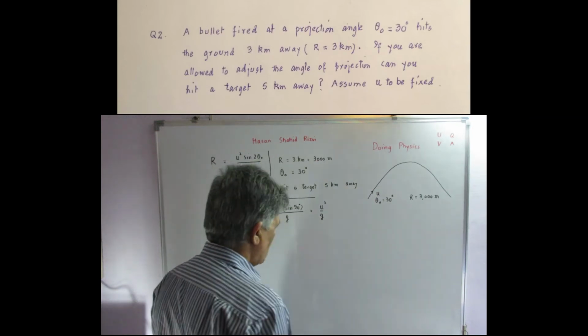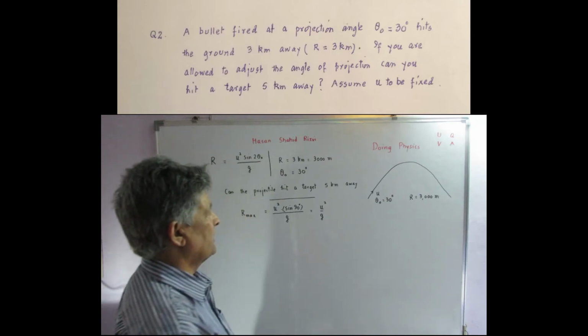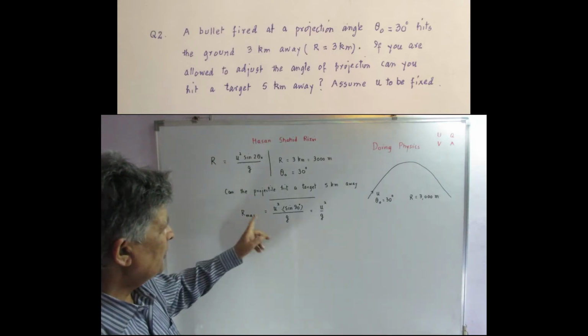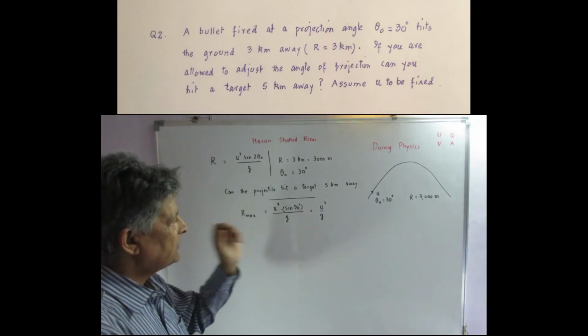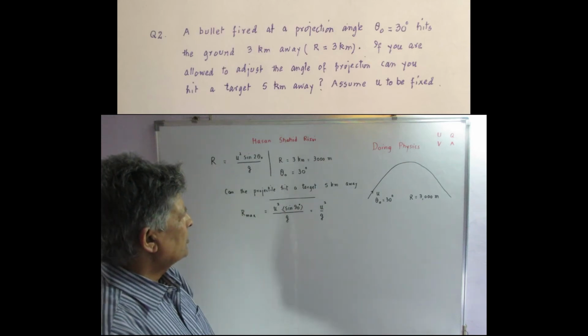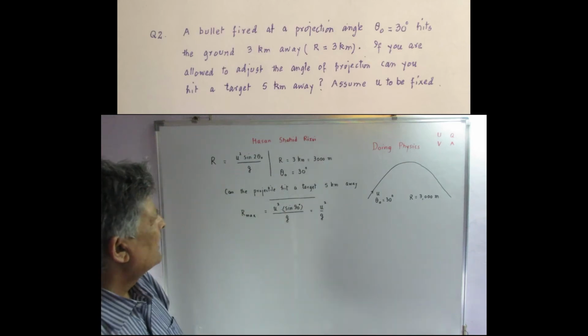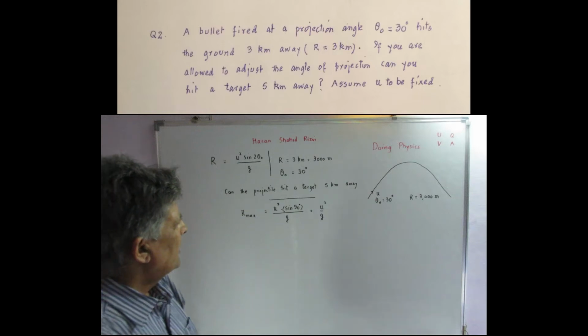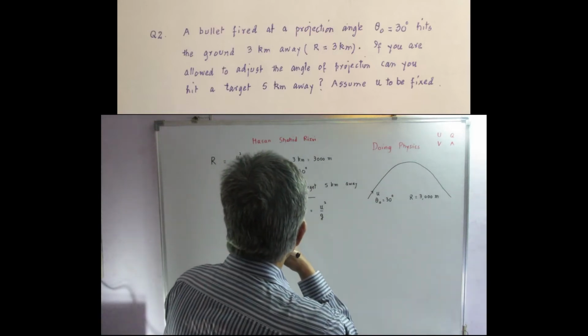Okay, the nozzle velocity is a constant. Okay, the u is a constant, so I'll get this one, and we are going to calculate the value of u square upon g from the first case.